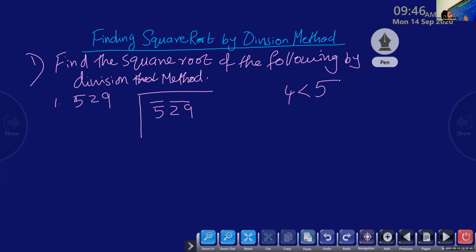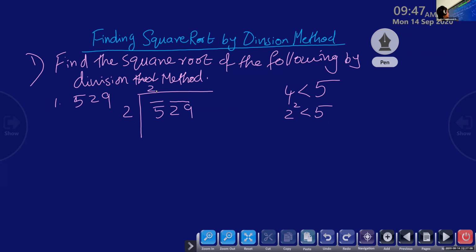We can write 4 as 2 square, and 2 square is less than 5. And this 2 will be the first divisor and first quotient. How are we getting that 2?